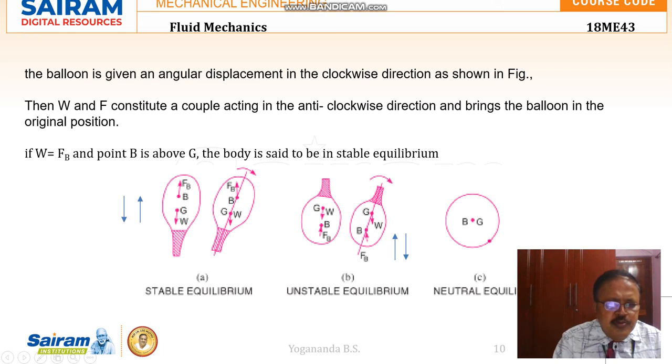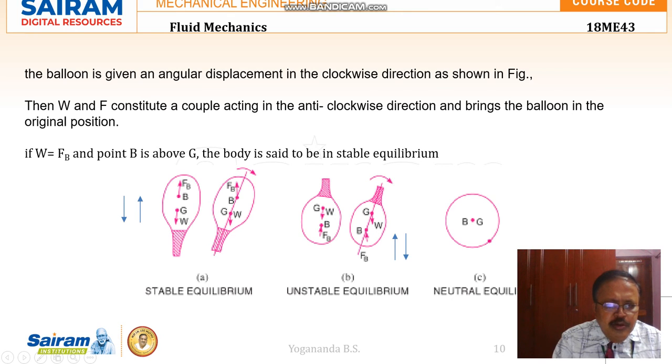So this clockwise moment gets cancelled with the anti-clockwise moment. Because of these two forces, the body comes back to its original position. So this is stable equilibrium. That is possible only when W is equal to FB and the point B is above G. The position of B is above G.